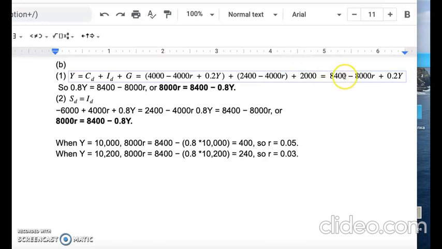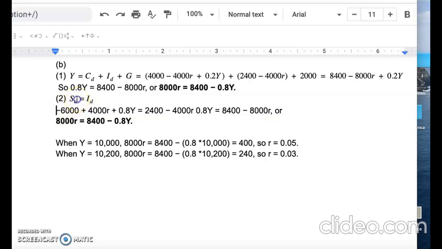After the calculations, we will have this final equation, and by the second option there are the same manipulations.